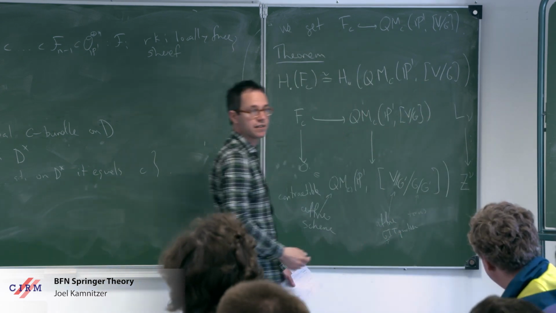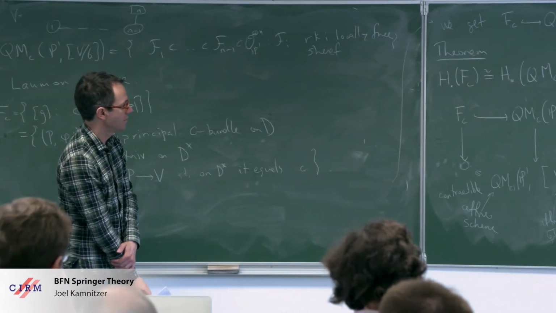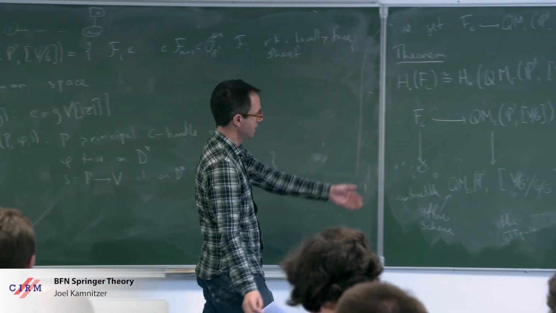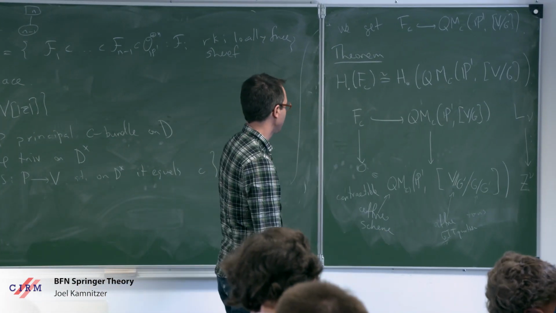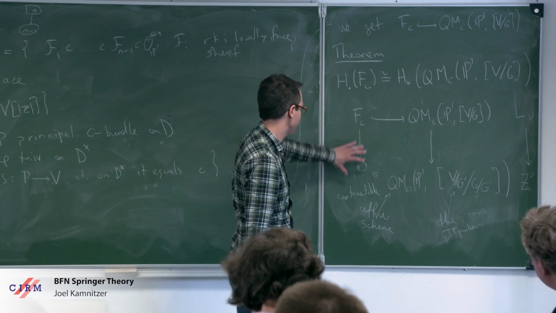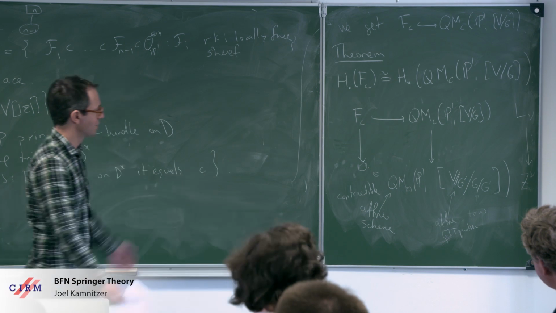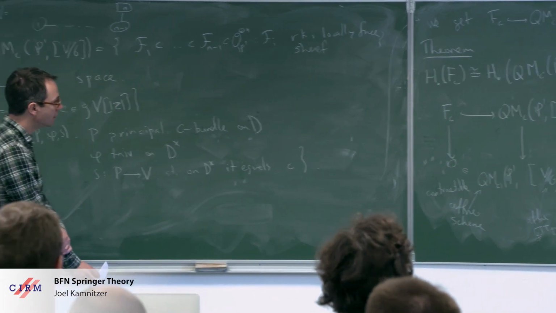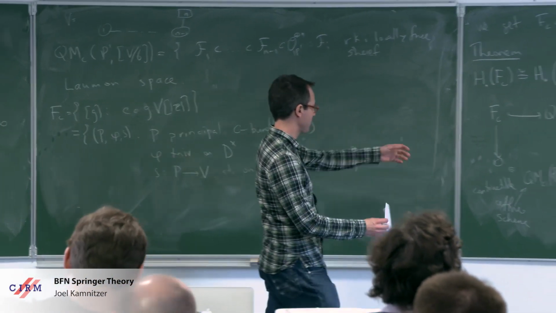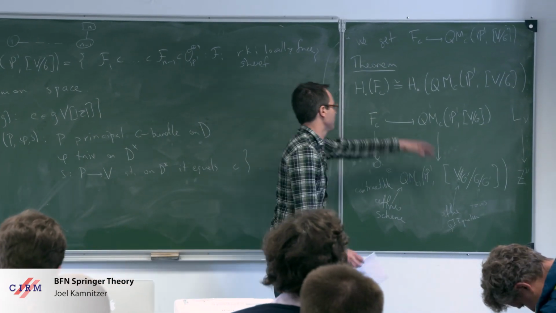So it's generalizing the familiar picture of the Laumon space mapping to the Zastava space to this more general setting. And I guess this central fiber of this map from the Laumon space to the Zastava space was studied in this old paper by Kuznetsov. But this BFN Springer fiber is a generalization of that.